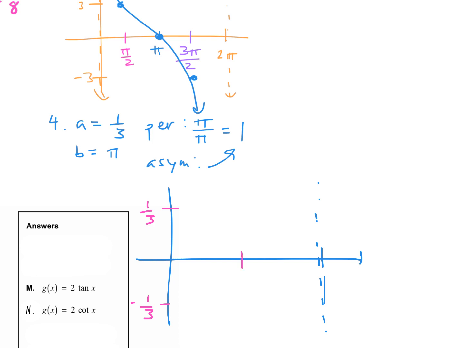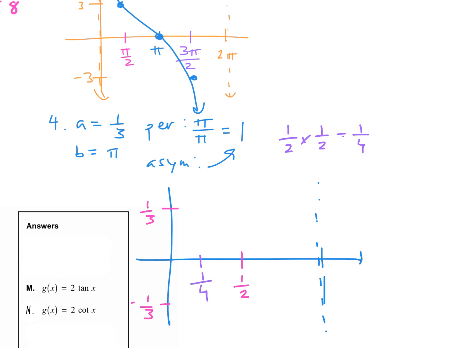So how do we find what the middle of 0 and 1 is? Right, so 1 divided by 2 would just be 1/2. What do we have to do next? Divide it by 2 again to find what our first key point is going to be over here. So 1/2 divided by 2 would be 1/4.